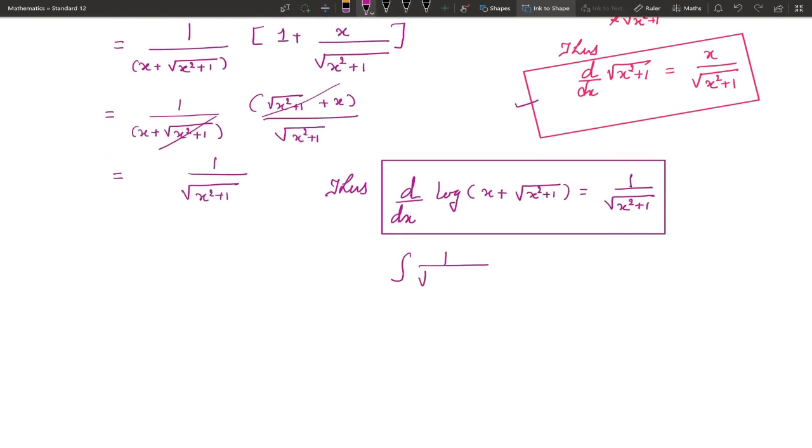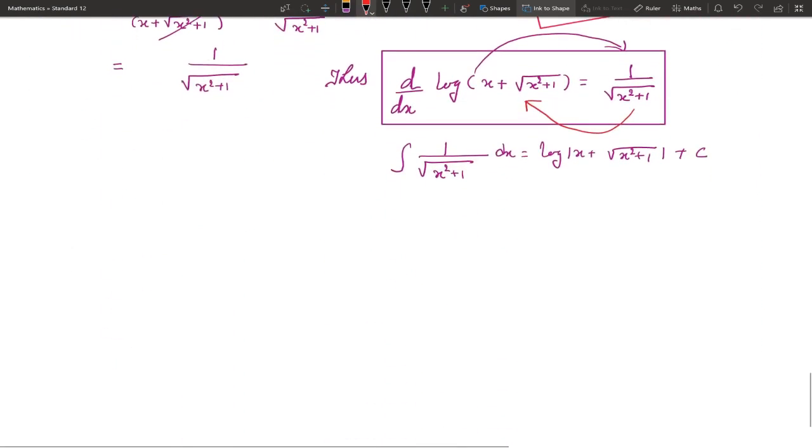Integration of 1 upon under root x square plus 1, you will get as a formula log mod x plus under root x square plus 1 plus constant of integration, and the reason is simple. Derivative of log is this one, so integration of this will be this one, because derivative and integration are inverse processes of each other.